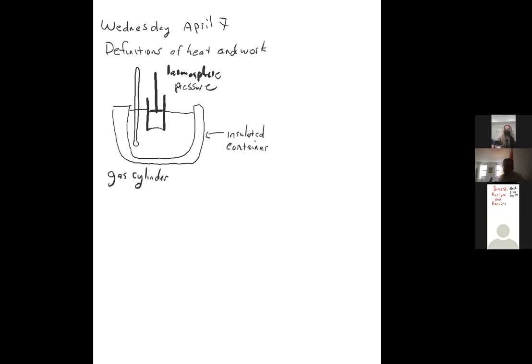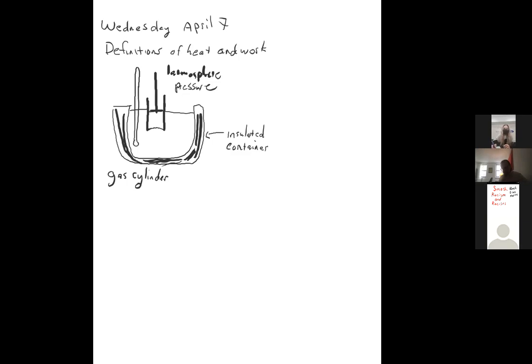That's an electrical insulation. But there's also thermal insulation. And thermal insulation is where you want the thermal energy to be contained to a particular space. So I'll shade this in to indicate that this is a thermal insulator.